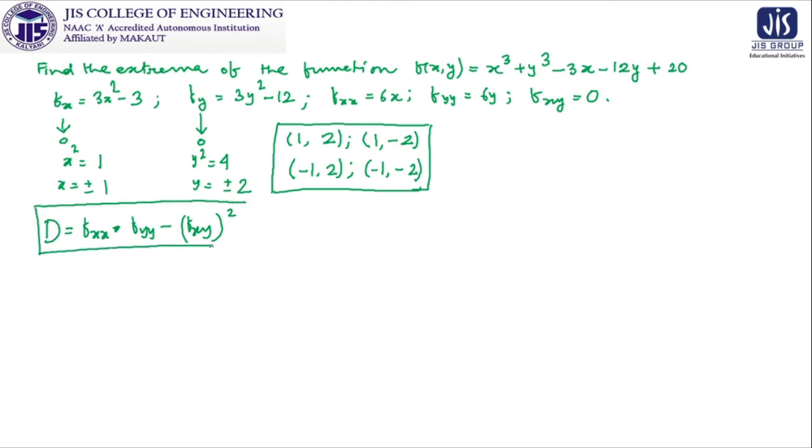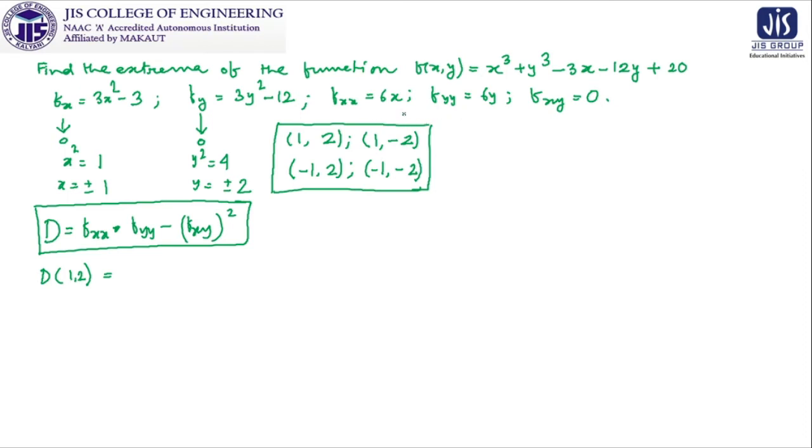So D at (1, 2) will be what? fxx is 6x, fyy is 6y, so at (1, 2) it will be 6 into 12, 72, minus 0 whole square.